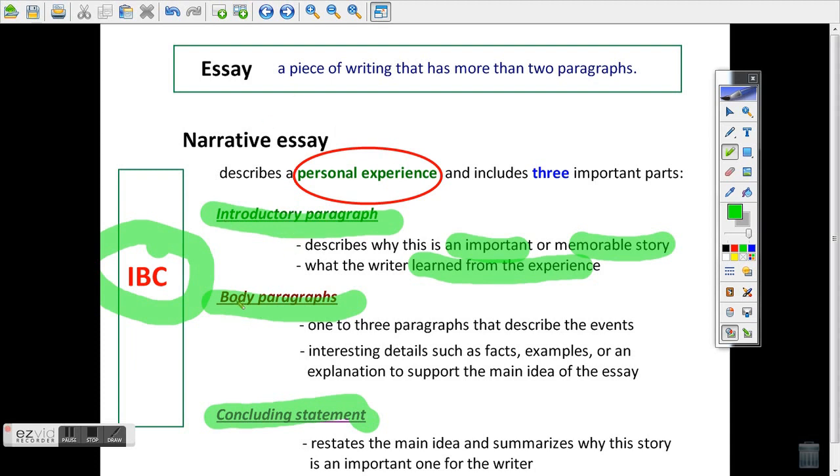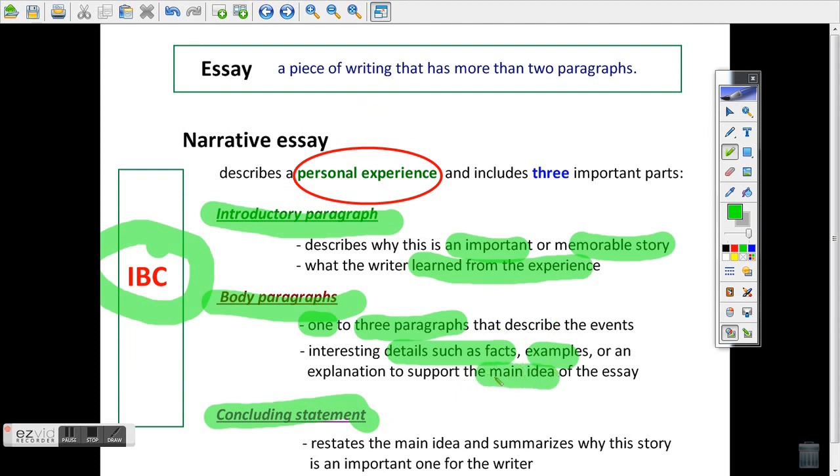Second, we have body paragraphs: 1 to 3 paragraphs that describe the events. So you need to write 1, 2, or 3 paragraphs for the body. That one describes the events. It also adds interesting details such as facts, examples, or explanation to support your main idea of the essay.